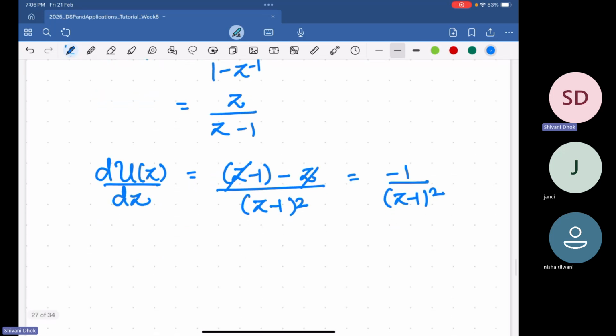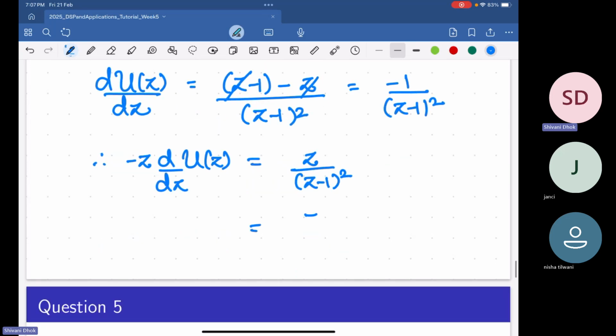Now let me multiply by minus z on both sides. Therefore minus z into d/dz of U(z) comes out to be z upon (z minus 1) square. Now I can write this as z upon, taking the minus sign common, (1 minus z) whole square, which is z upon (minus 1) square into (1 minus z) square.